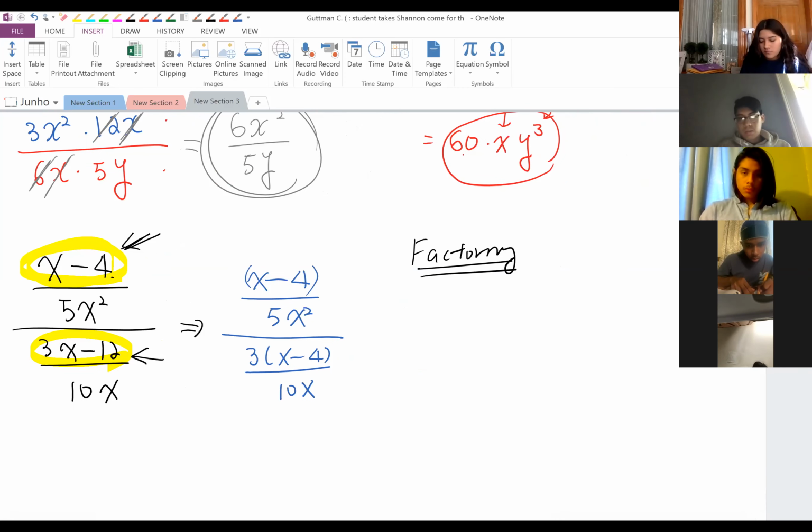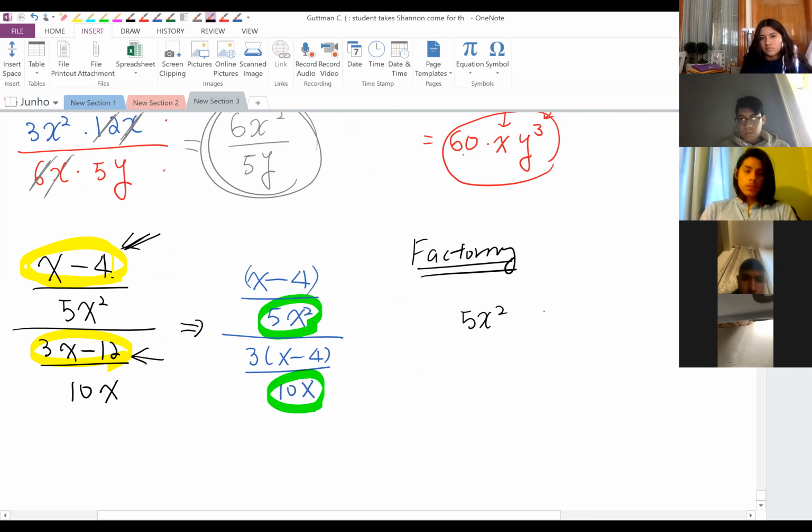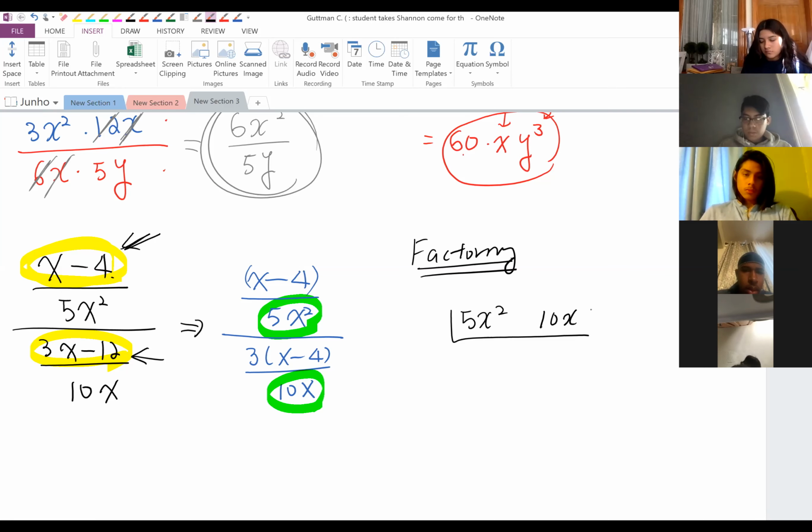So take out the two denominators. Denominators are 5x squared and 10x. So let's find out LCD between 5x squared and 10x. Okay. What are the common factors between 5x squared and 10x? So first of all, 5x.